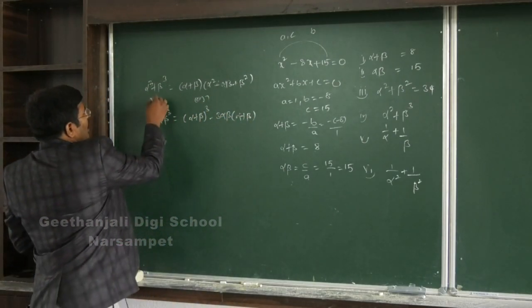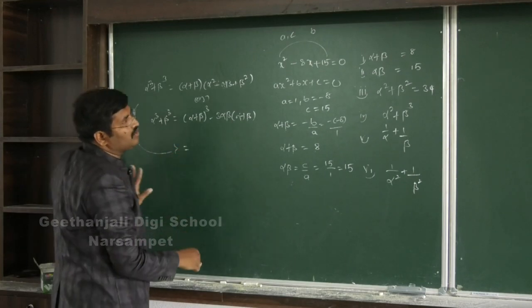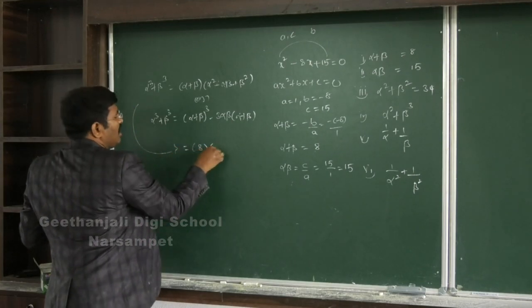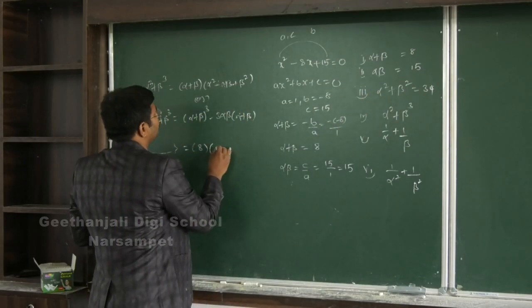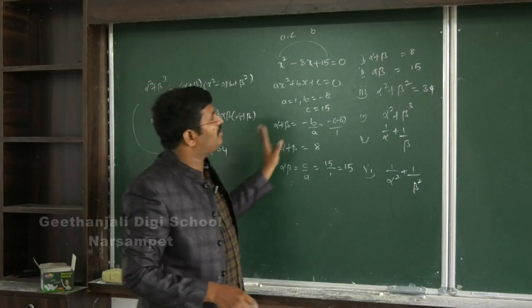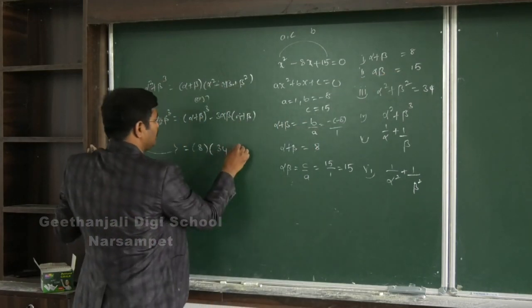Alpha plus beta is 8, alpha square plus beta square is 34, minus alpha beta, which is 15.